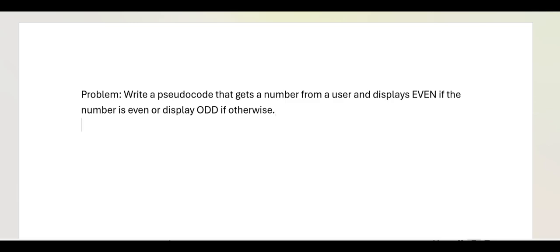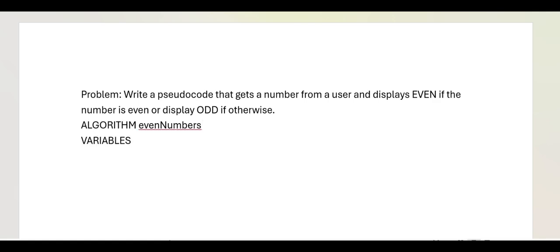when we are creating a pseudocode, the first thing we need to specify is the name of our algorithm. So we say algorithm, and let's name this even numbers, right? So the name of our algorithm will be even numbers. Now we need to specify our variables.